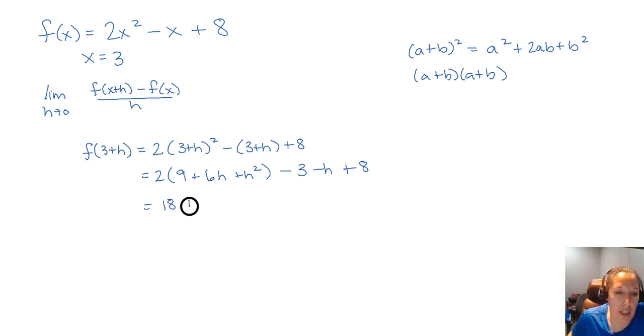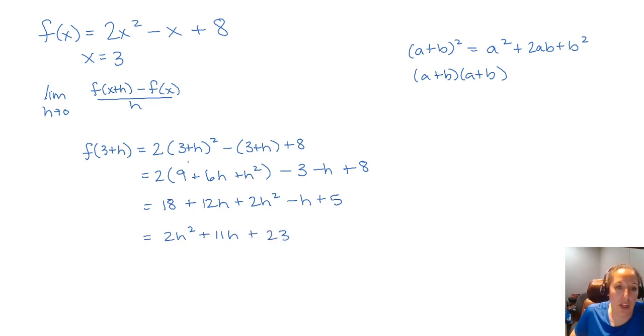So we'll get 18 plus 12h plus 2h squared, and then minus h there, and then combine like terms, negative 3 and 8 is 5. And if we combine like terms even further, we get 2h squared plus 11h plus 23, and that's going to plug in for our first piece there.